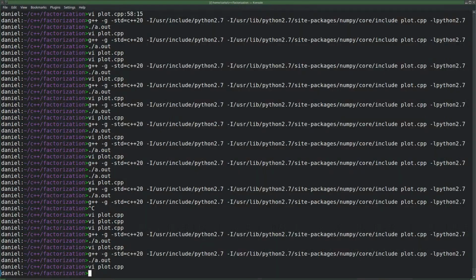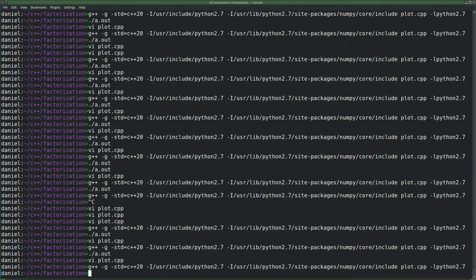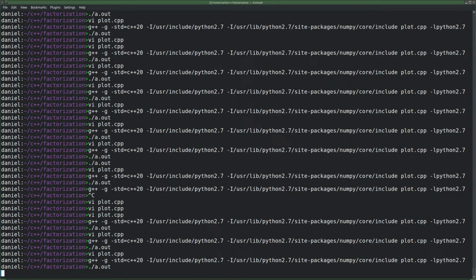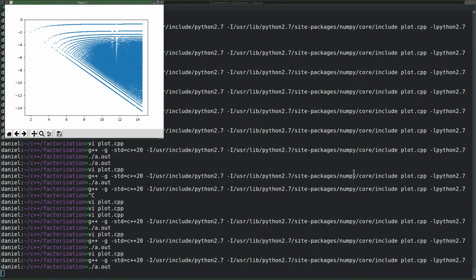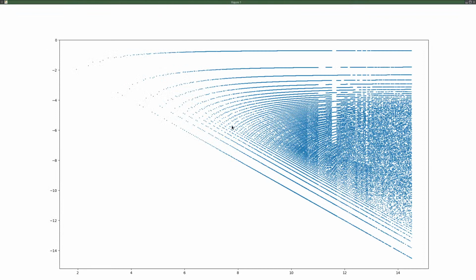So x and y is logarithmic. I have no idea what I'm looking at.